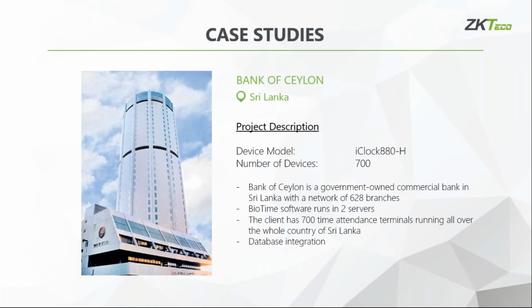And these are some case studies that we have done. Bank of Ceylon from Sri Lanka is using the iClock 880 model, around 700 machines. It's handled on two servers, and BioTime has a distributed architecture. It handles real-time data, and they are integrating it with their payroll.